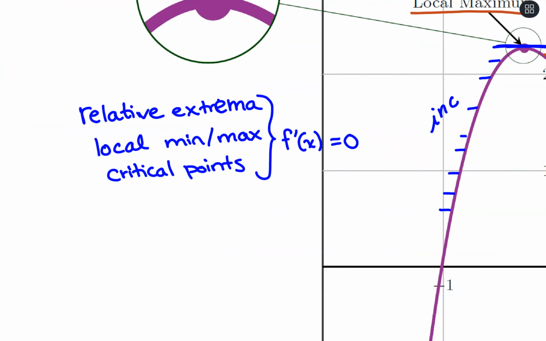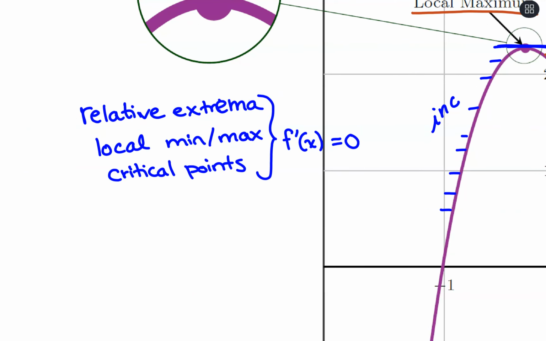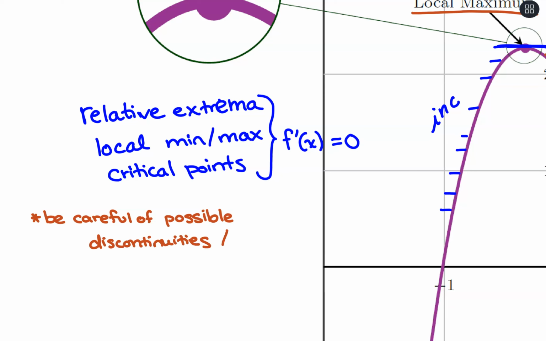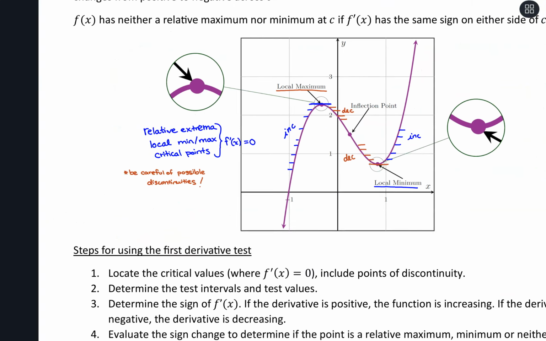Now, something we need to be careful of is discontinuities, because those could change between increasing and decreasing as well while not creating a minimum or maximum. So we're going to keep that in mind as we go through these.